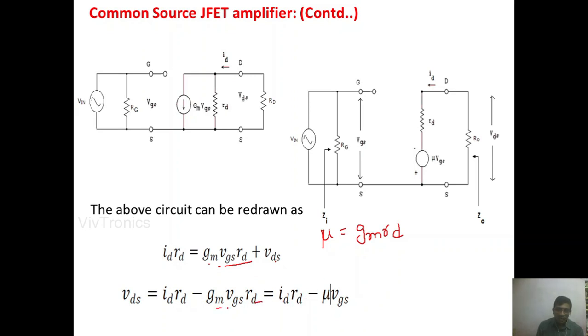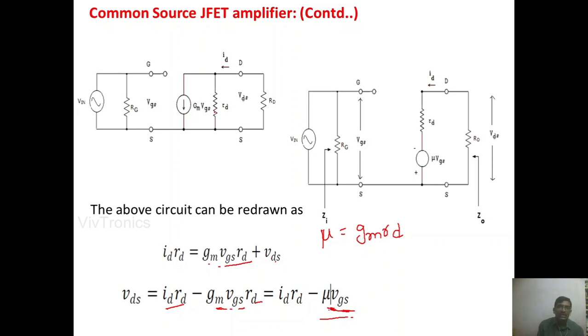Therefore we have ID RD minus mu VGS. That is the drain to source voltage value. Similarly, this circuit can be redrawn using a voltage source, where mu VGS is the voltage source.